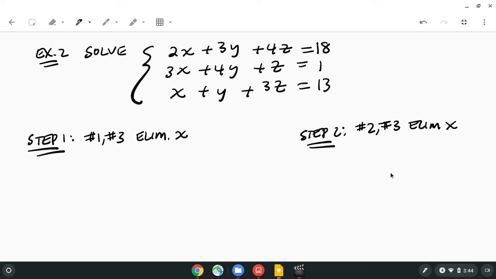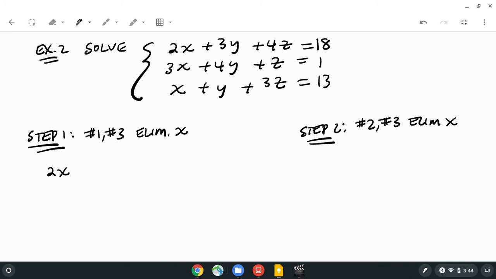So let's copy down over here. I'm going to bring down number 1 and number 3. So 2x plus 3y plus 4z equals 18. And number 3, x plus y plus 3z equals 13. If I'm eliminating the x's, I want 2x and negative 2x.